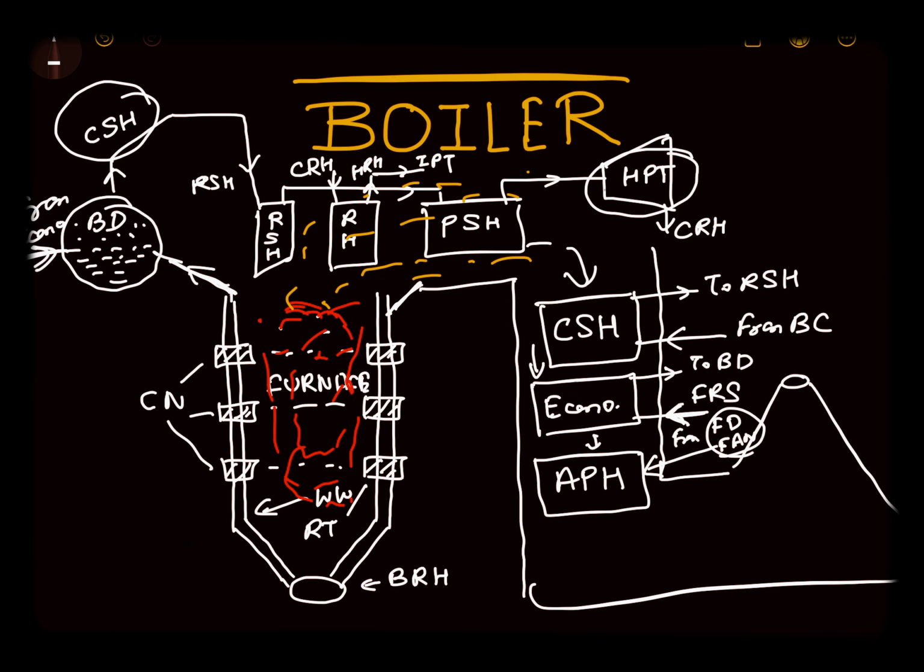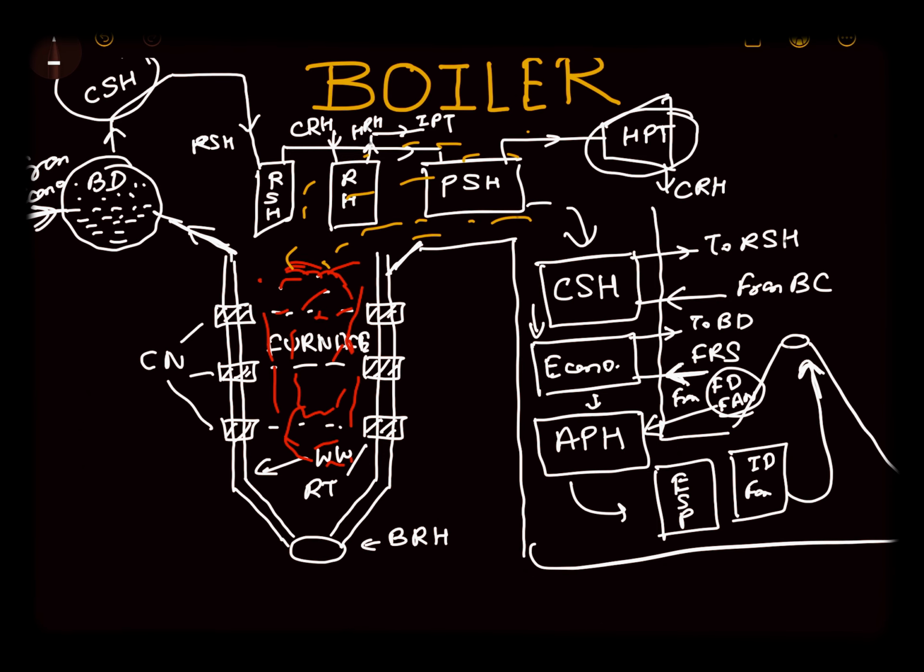Fine. And then these flue gases go to the ESP, electrostatic precipitator, and then from the ID fan, induced draught fan, they are thrown out from the boiler. So we can understand here that we have highly utilized the flue gases of the boiler by making its path very efficient.